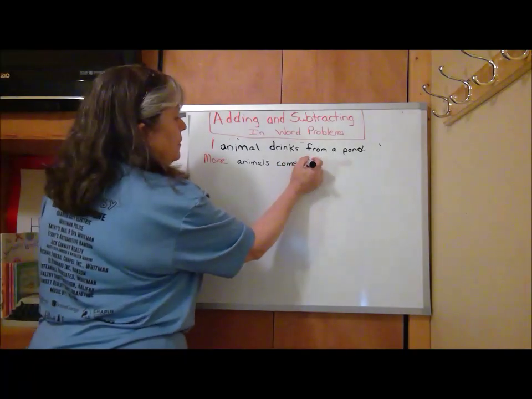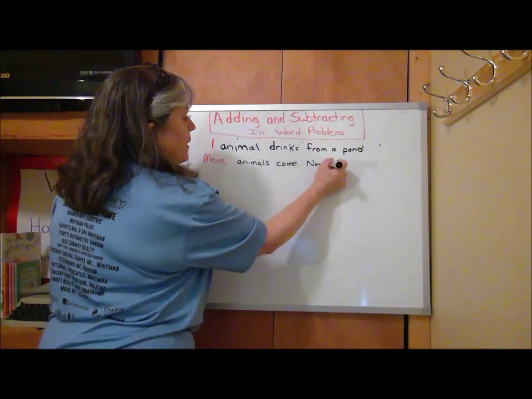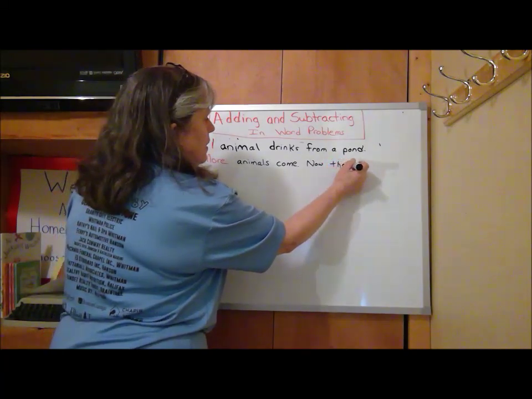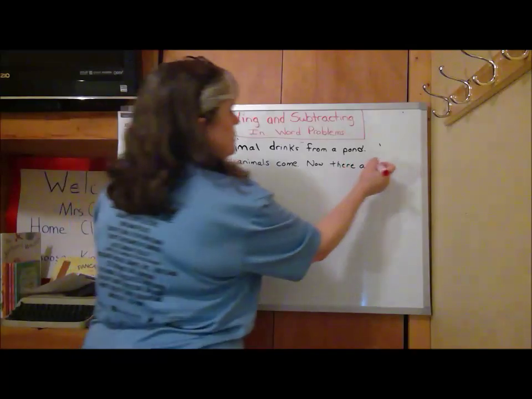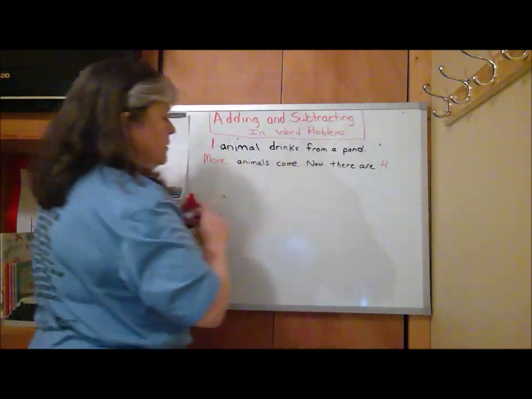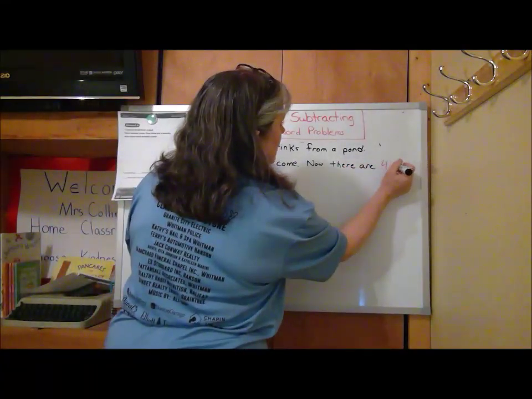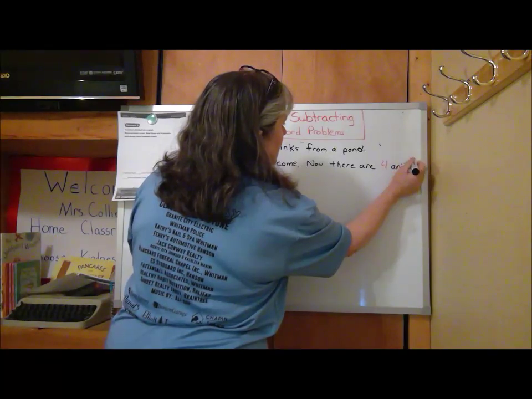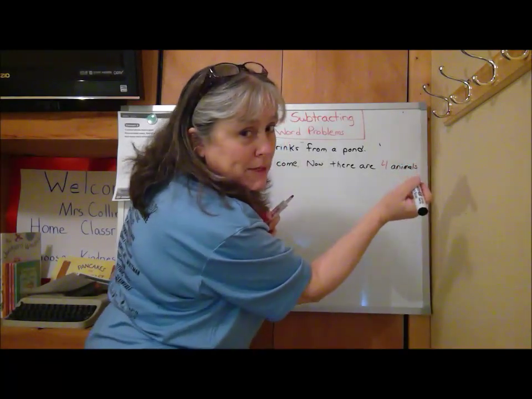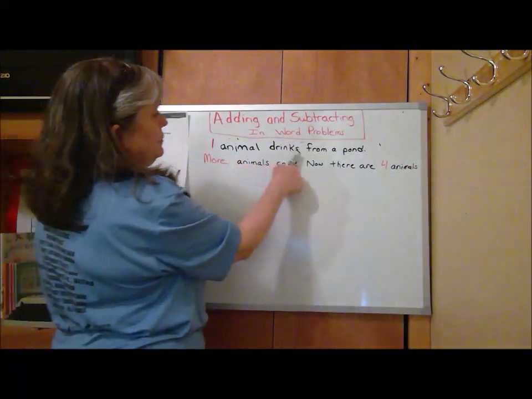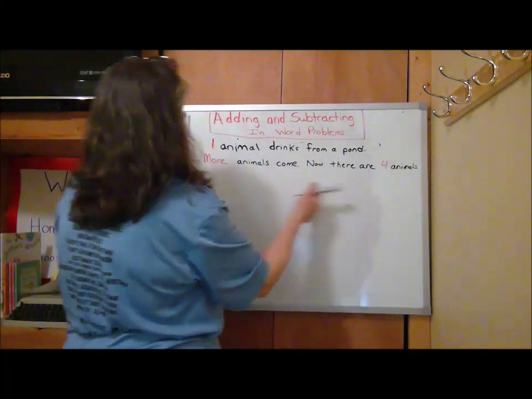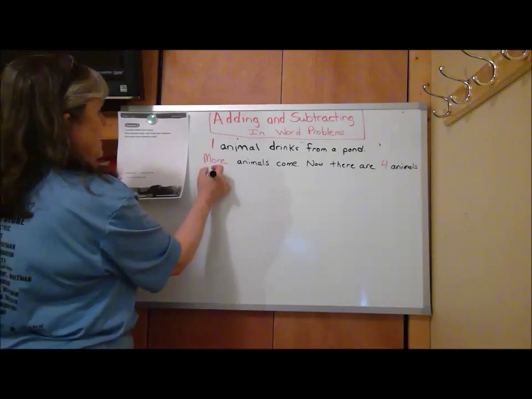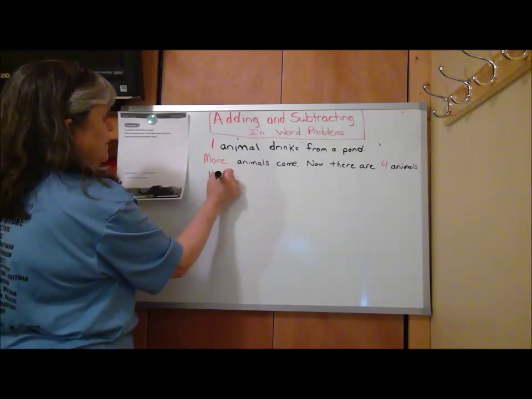Now there are 4 animals. Sorry, I'm kind of slow and messy. So 1 animal drinks from a pond. More animals come. Now there are 4 animals. How many animals come?